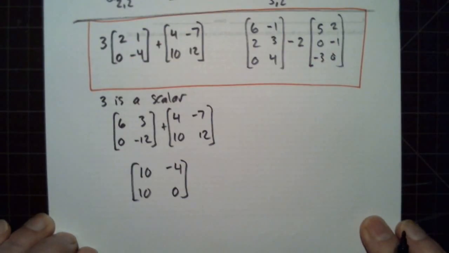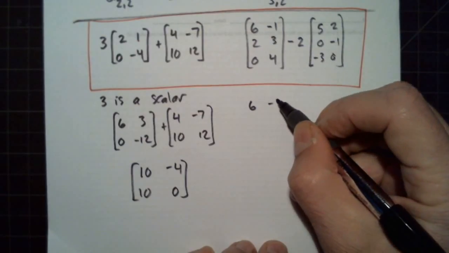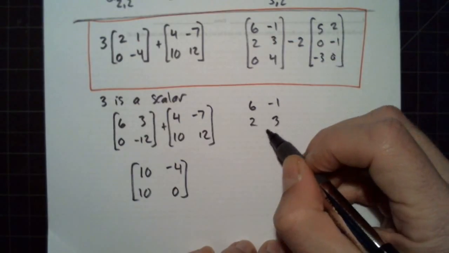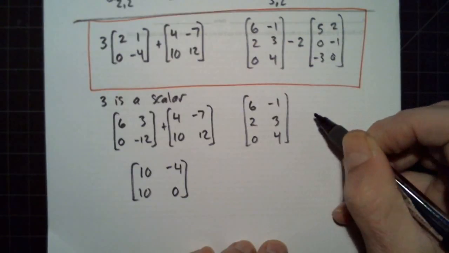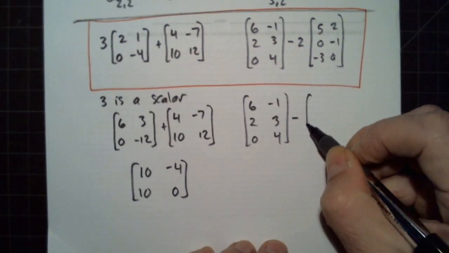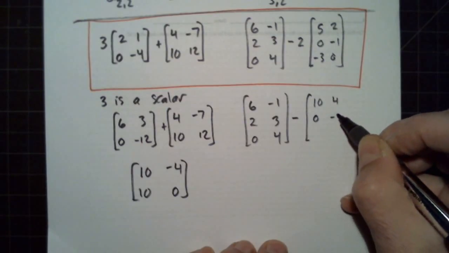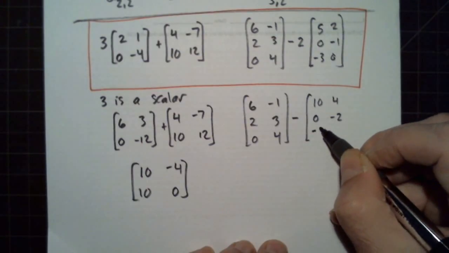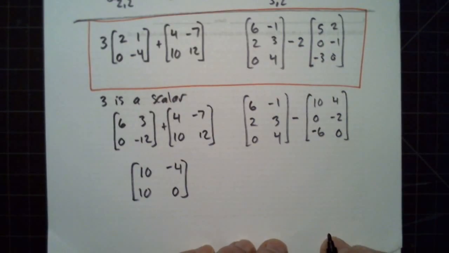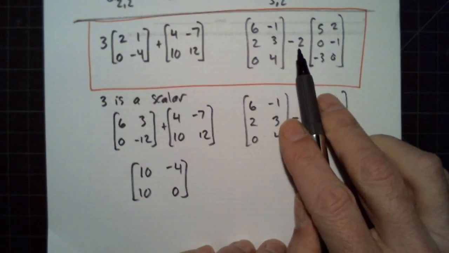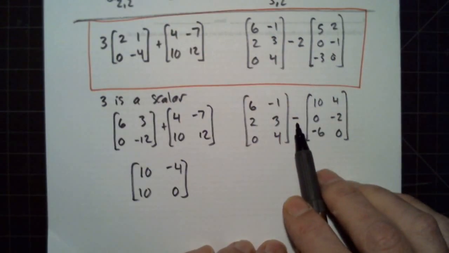Alright, and pause the video, try the next one. We could multiply by negative 2, or we could just multiply by positive 2 and keep the subtraction.